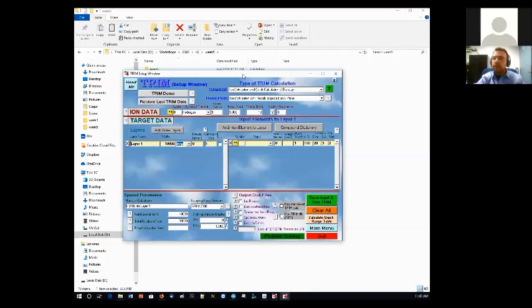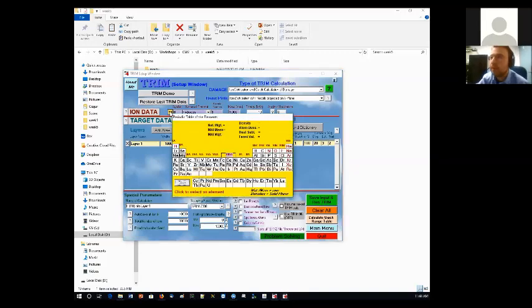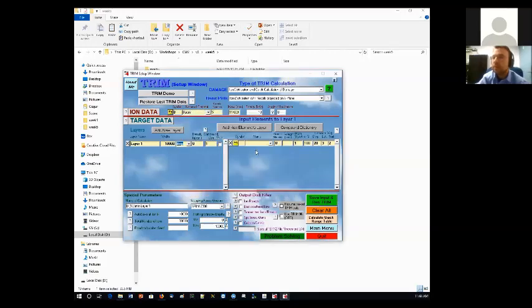Now here, we will do 2. So the first ion that we will send is going to be boron. So come here to where it says PT. That's the ion data. The bottom part will be the target data. So click on PT and choose boron.